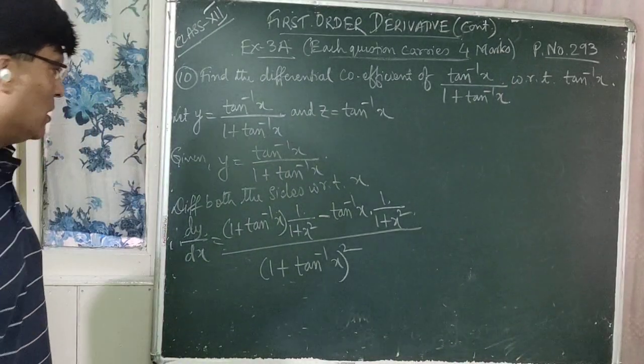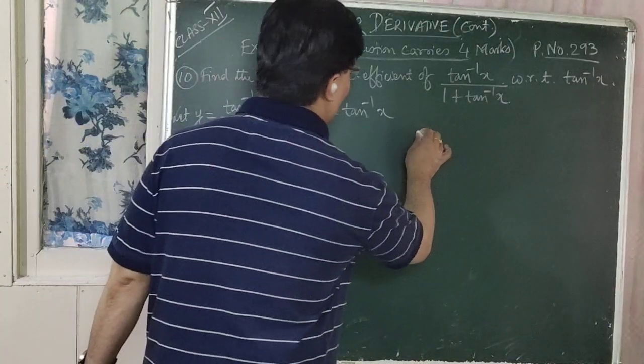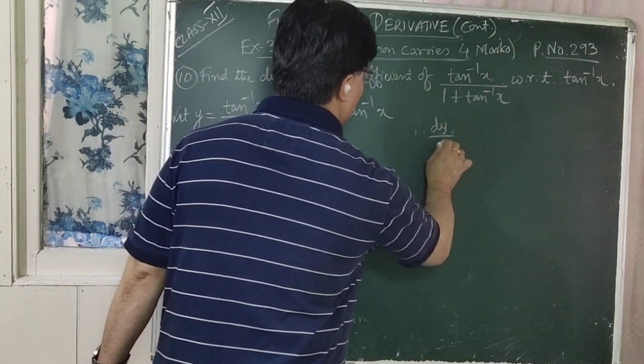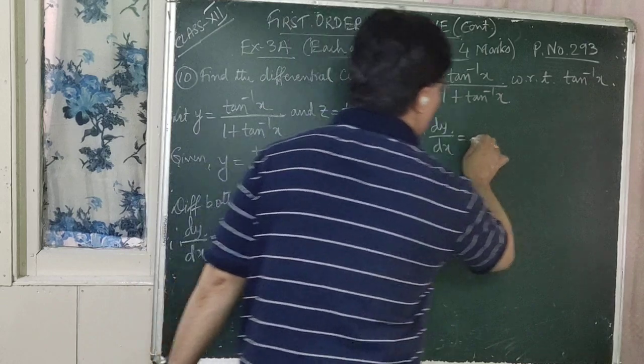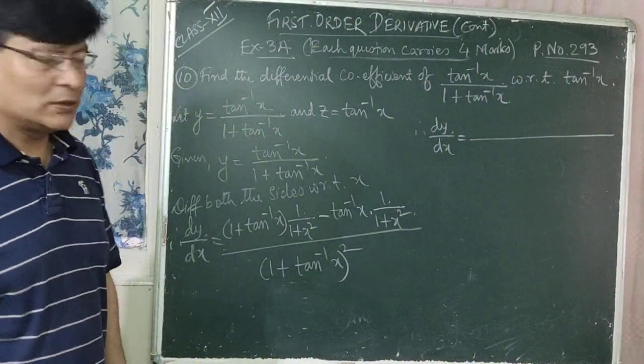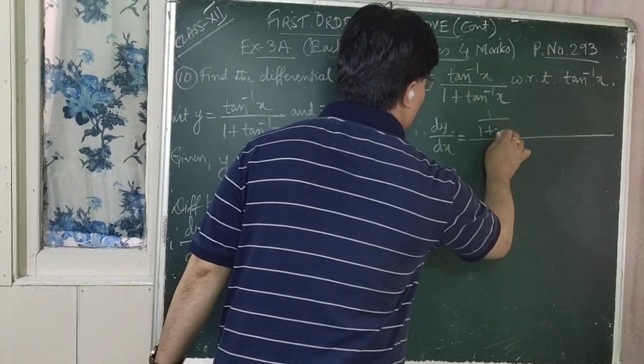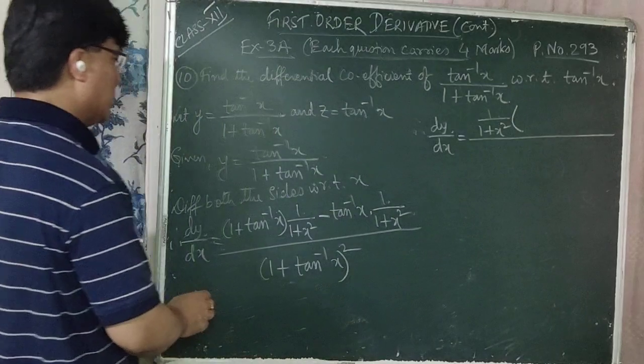So we are getting the value for dy by dx. Therefore dy by dx is equal to, now in the numerator, you can take common out here. What is common? It is 1 upon 1 plus x square. Within bracket, what do we get?